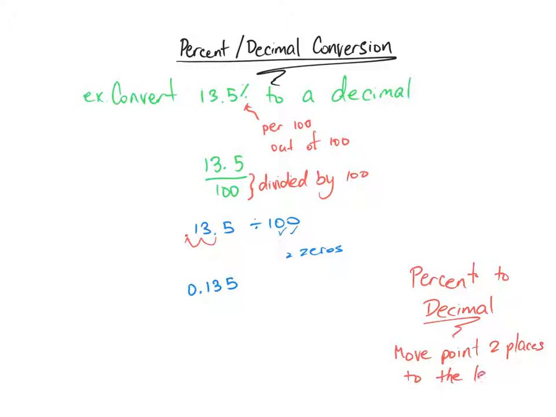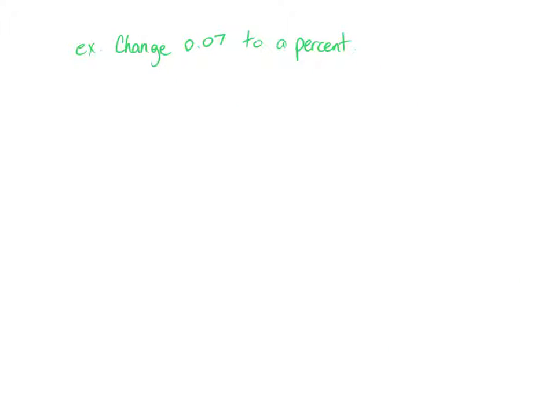All right, so let's try an example where we're going to have to convert from a decimal to a percent. You may recall, we just did it 1 second ago. When we converted a percent to a decimal, we had to divide by 100.